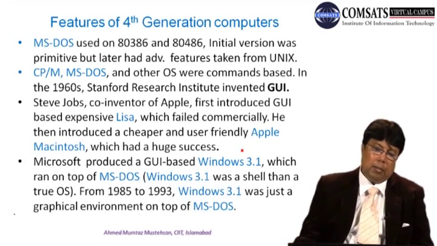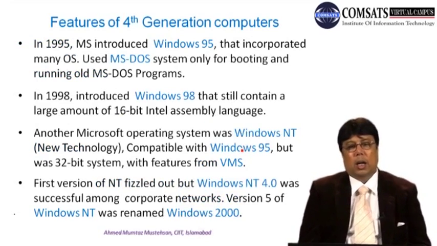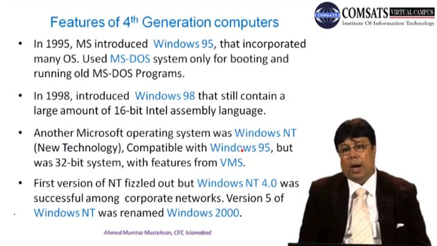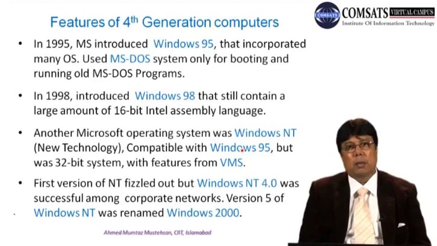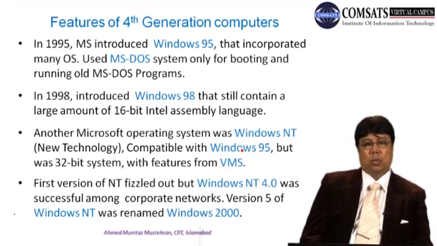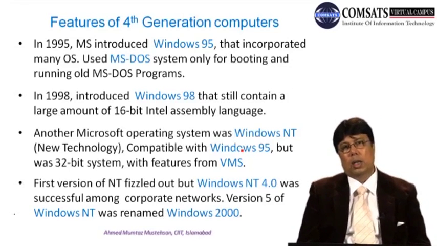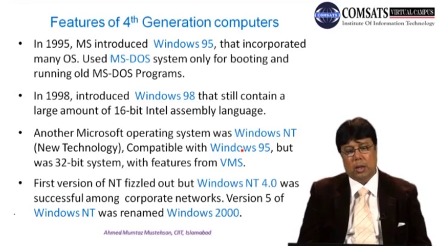Then later in 1995, Microsoft introduced Windows 95. That incorporated many OS features, and it used MS-DOS just to boot the machine and run the old compatible programs on it.